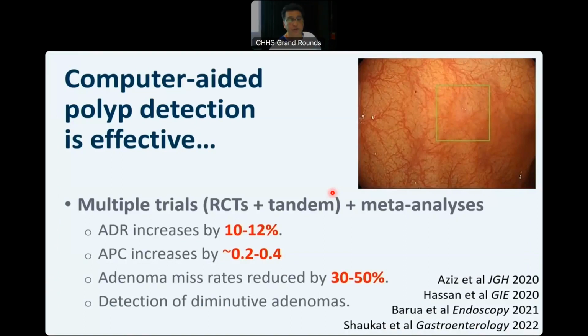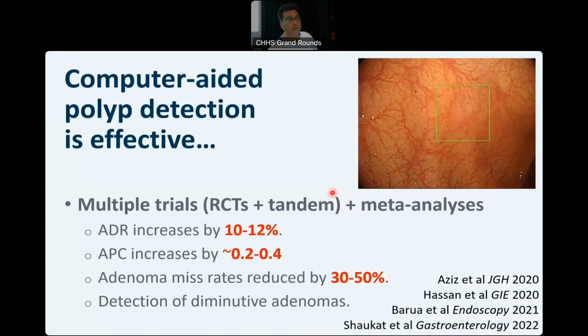There is also a reduction in adenoma miss rate. But it's important to point out that the majority of the increase in adenoma detection rate was in diminutive adenomas, meaning smaller than 5 millimeters, and we're still not sure what the clinical relevance of that is.